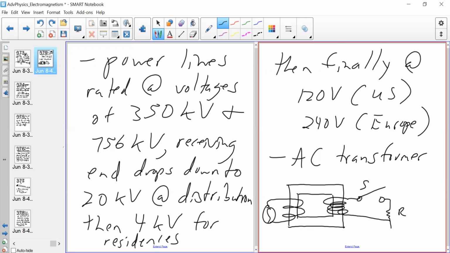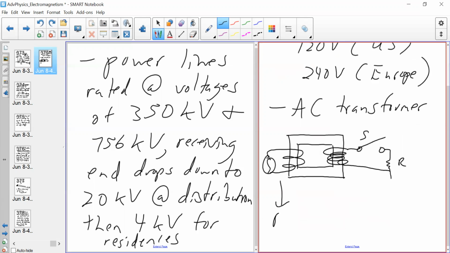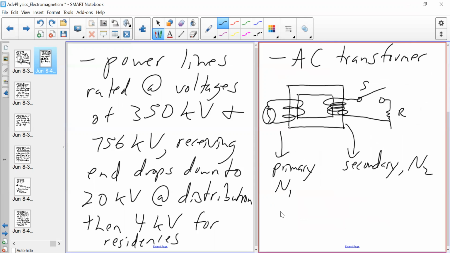So this coil here is called the primary, and this is the secondary. The primary has N1 number of turns, the secondary N2 number of turns. And this is the iron core.